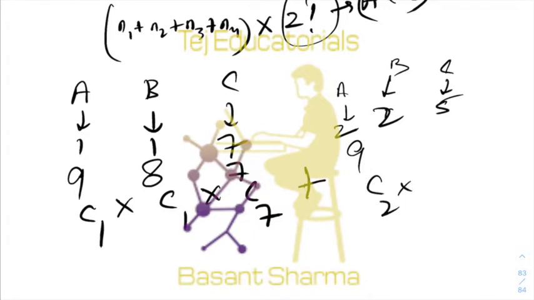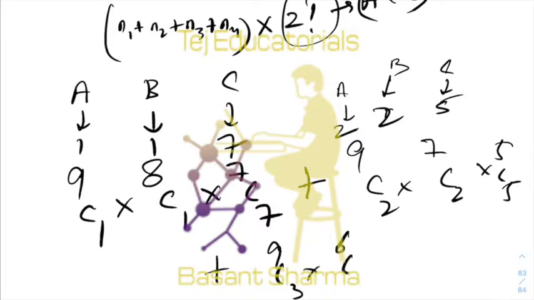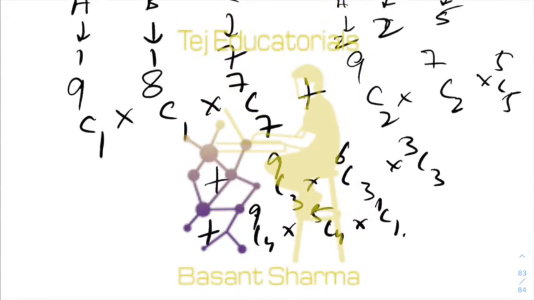So 9C2 into 7C2 into 5C5. Similarly, 9C3 into 6C3 into 3C3 plus 9C4 into 5C4 into 1C1. So you can do it this way also.